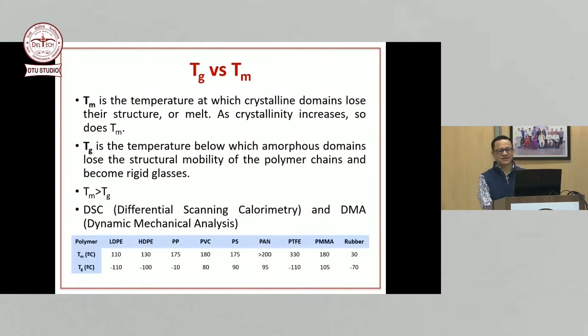And here again are some examples. DSC, DMA, they are the instruments used to calculate Tg and Tm of a polymer. But you can see here how Tg is much lower than Tm mostly. Always Tg is lower than Tm.